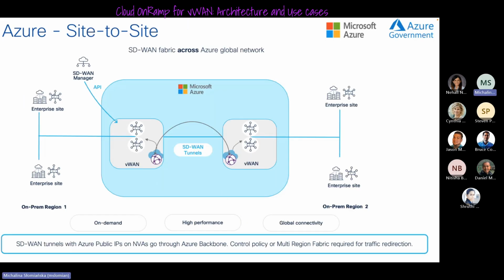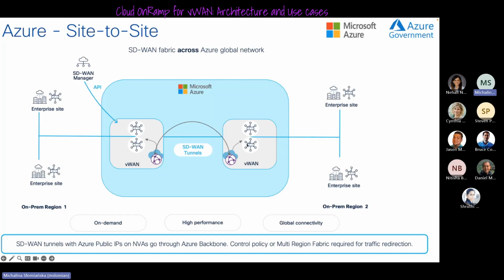Next use case that I want to cover with the slides is Azure site to site, where we are talking about between regions. So as you can see here, there is a region 1 and there is region 2. And with Catalyst 8000V, you are able to extend the policies, the rules, and the traffic rules that you're using on the physical sites to the cloud.